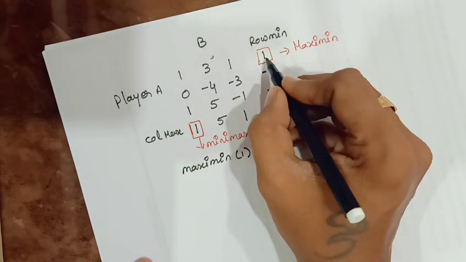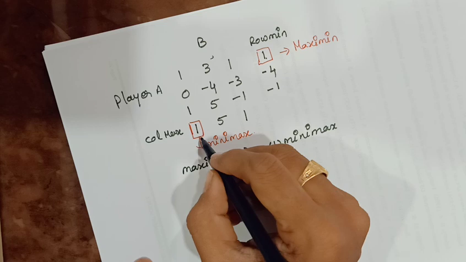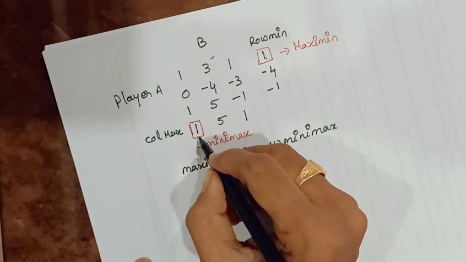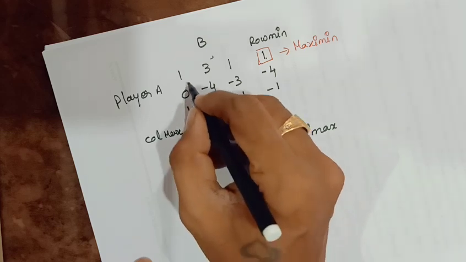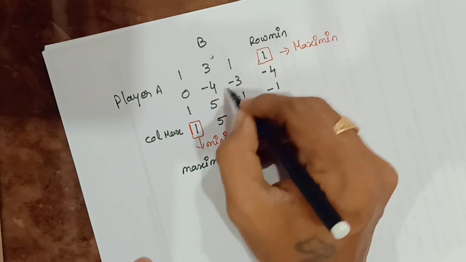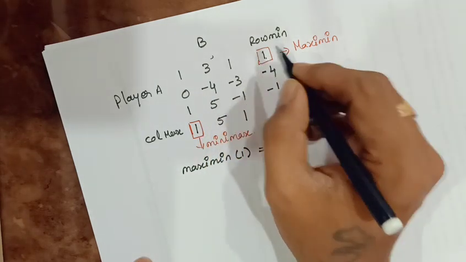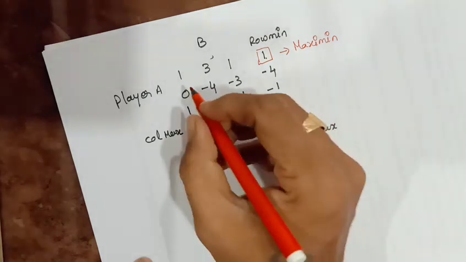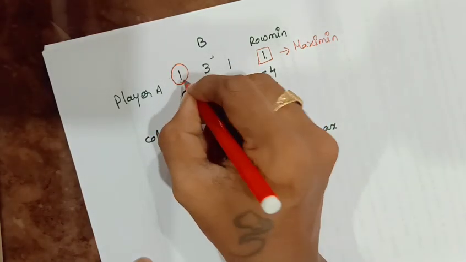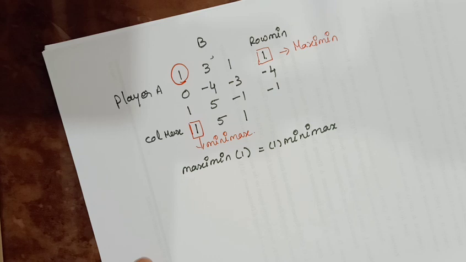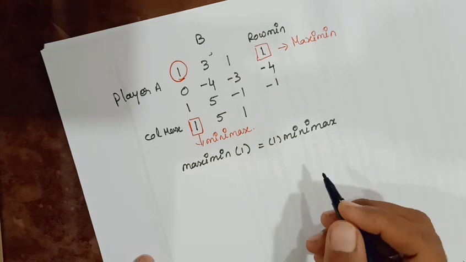So 1 is equal to 1. So we can say that there exists a saddle point. The saddle point can be identified at the intersection of this particular column and this particular row. So where is that intersection point? So this. The saddle point is also 1.